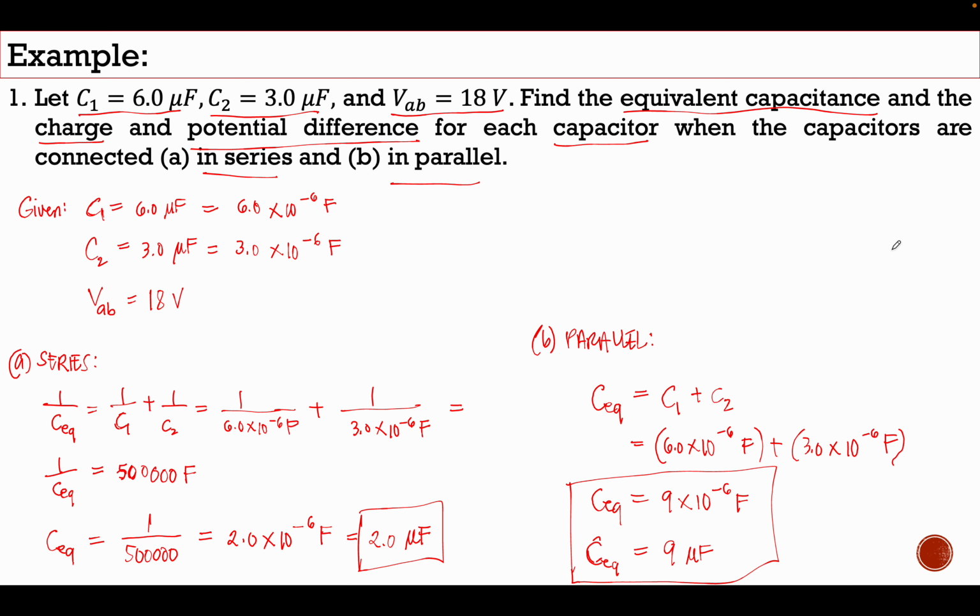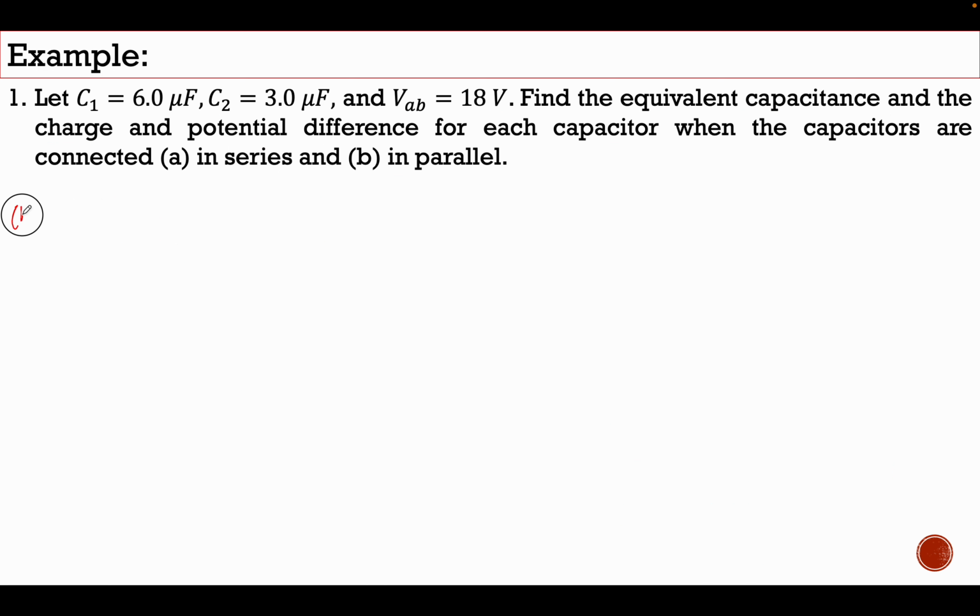Now we proceed to the charge. Okay. So sa letter A, but this is for the charge. Kato ganina is capacitance. So for letter A again is in series. For series, the charge on each capacitor is the same.